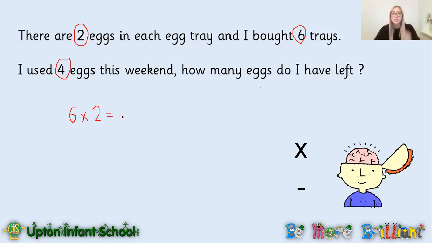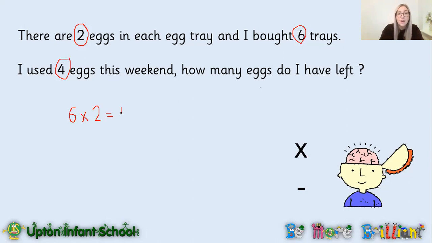That's our first question. Okay, so this time we need to have 6 fingers. And we are counting in 2s. Okay, 6 times 2 equals 2, 4, 6, 8, 10, 12.